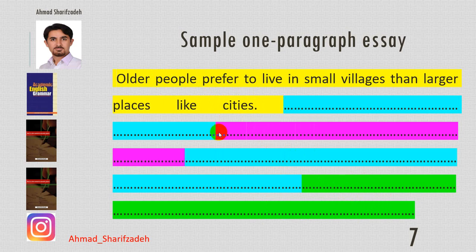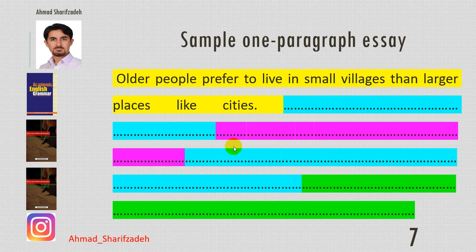And in the middle, you can put three sentences or three reasons. For example, you can say that in small villages or small areas, the air is better and fresher. And since the air is fresher, older people can breathe better and easily, so they prefer to live there. Or in small places, they live better because they can find natural food, for example, milk, yogurt, cheese, and the like, because they can use natural nutrients.